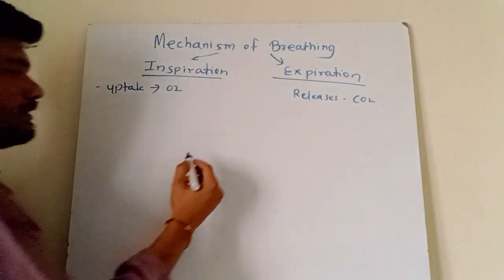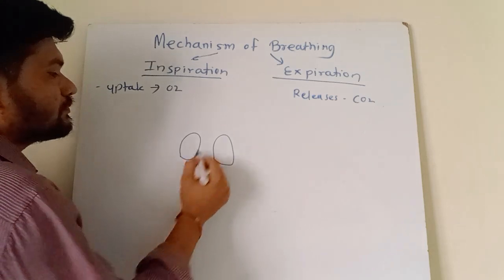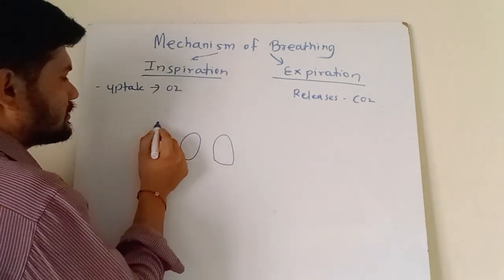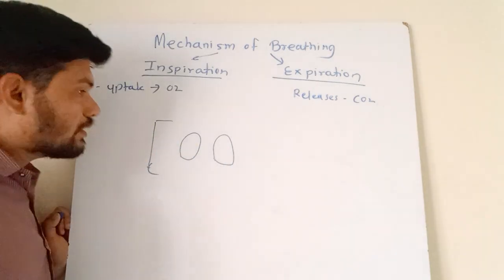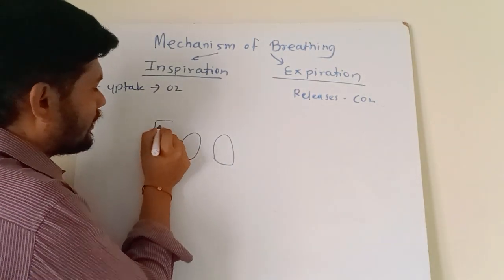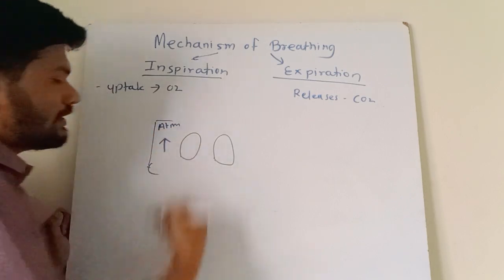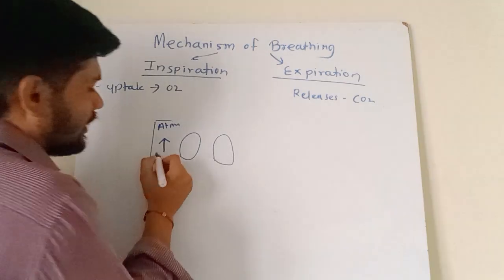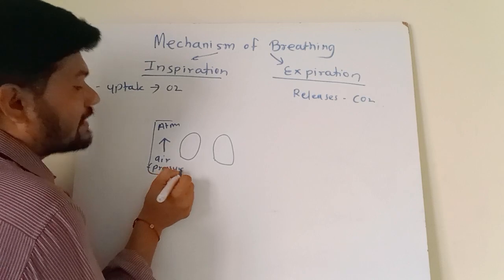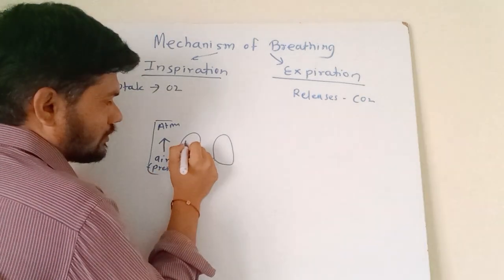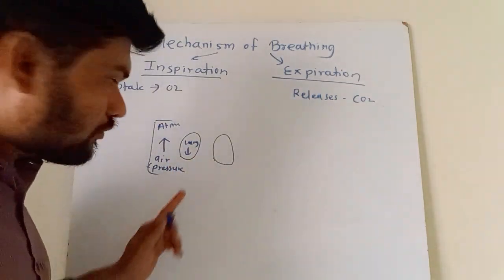Suppose these are your lungs, and this is the atmosphere outside. If the air pressure in the atmosphere is high compared to the lungs, and in your lungs the pressure is less, what should happen?